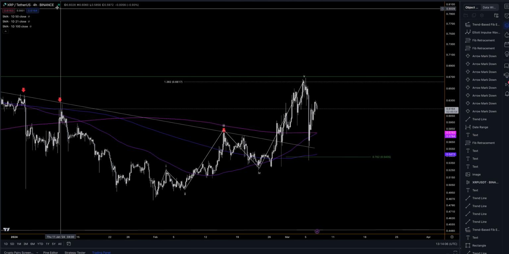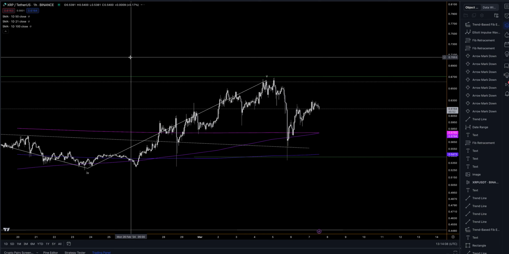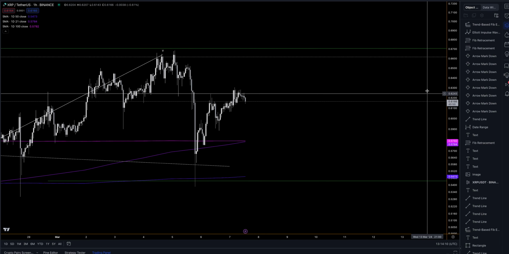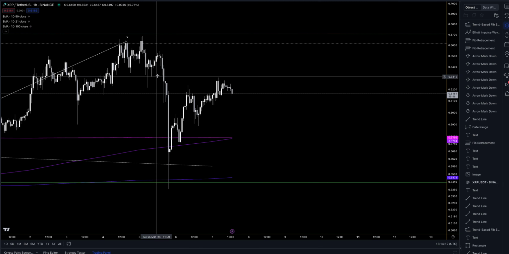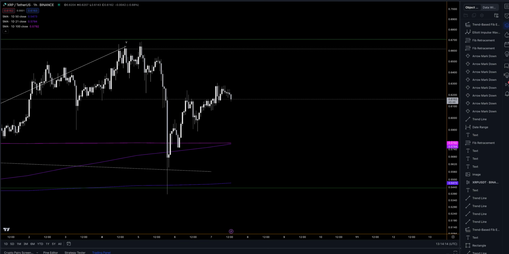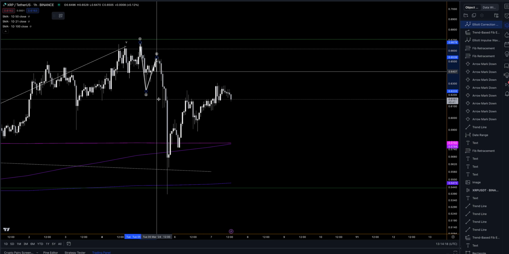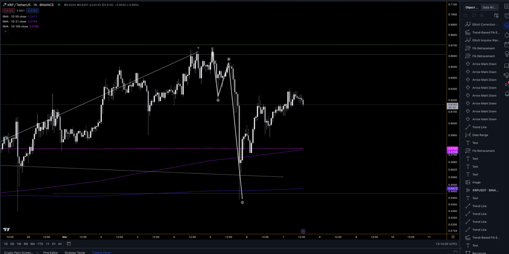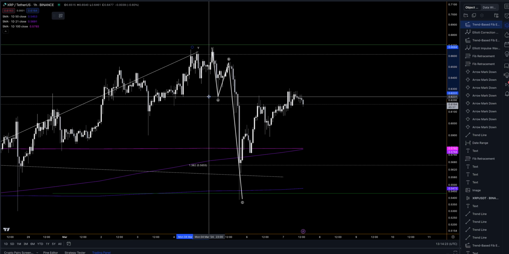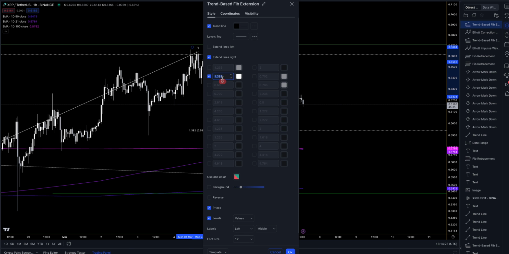And when we zoom in on the hourly time frame, we could say that this is your ABC structure over here, A, B, C, with an extension of our C wave hitting the 300% fib.